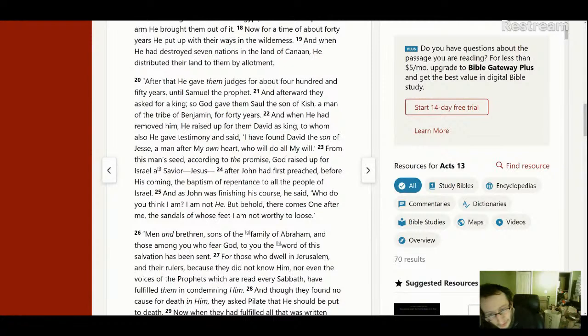The other quote we saw was Samuel rebuking Saul and saying, "God has chosen for himself a man after his own heart. You are not that man." Here, Samuel is saying, "I have found David, the son of Jesse, a man after my own heart, who will do all my will."